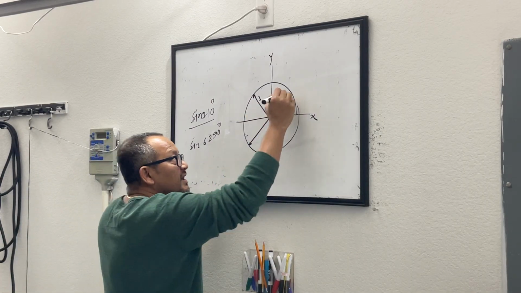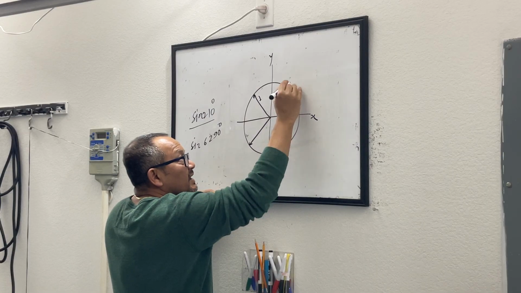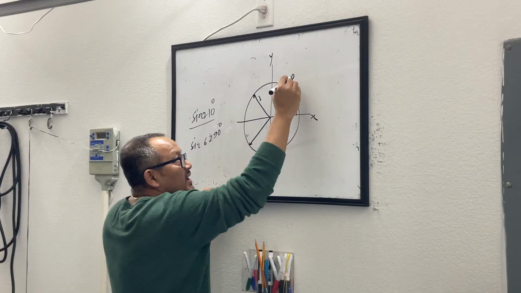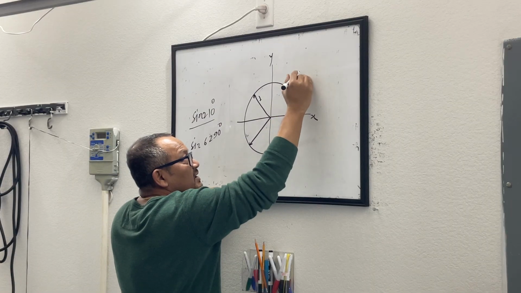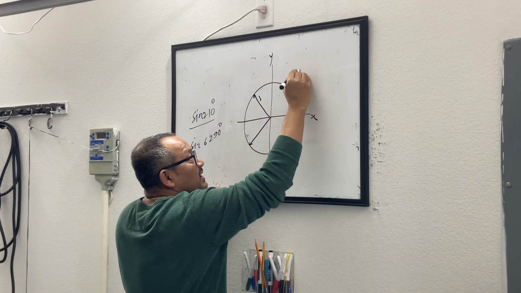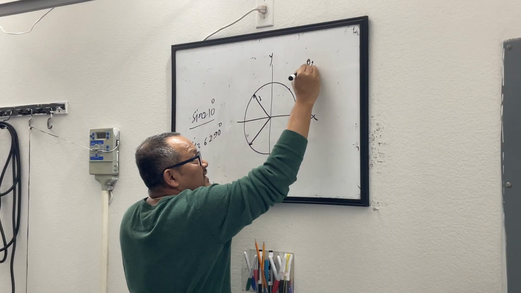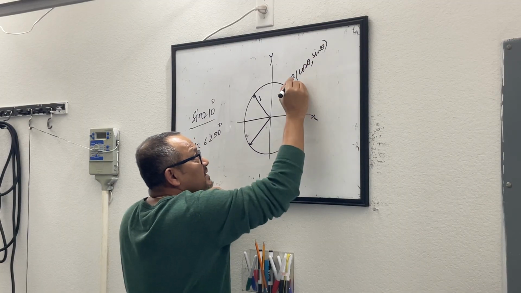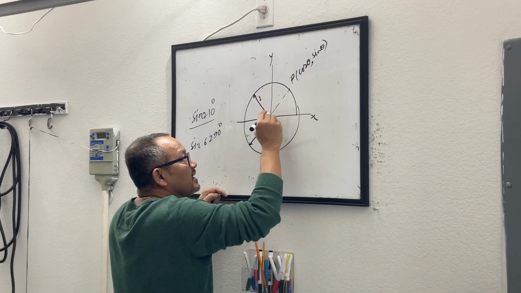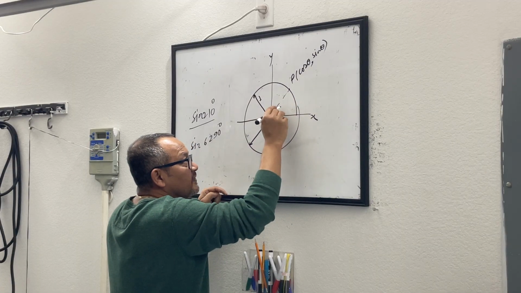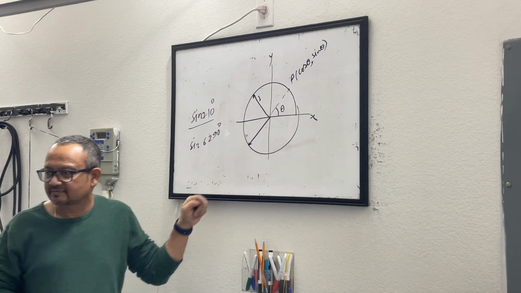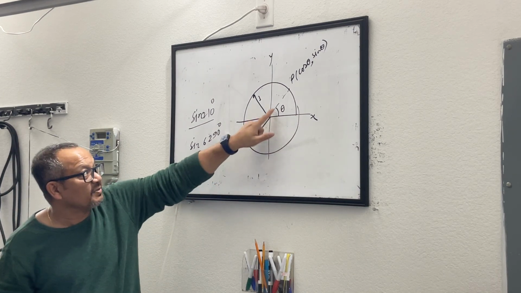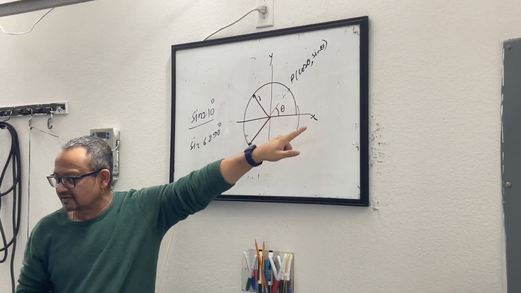What the unit circle says is, any point on the perimeter has x coordinate as cos of theta and y coordinate as sine of theta. And this theta is the angle that it makes with the positive x-axis.